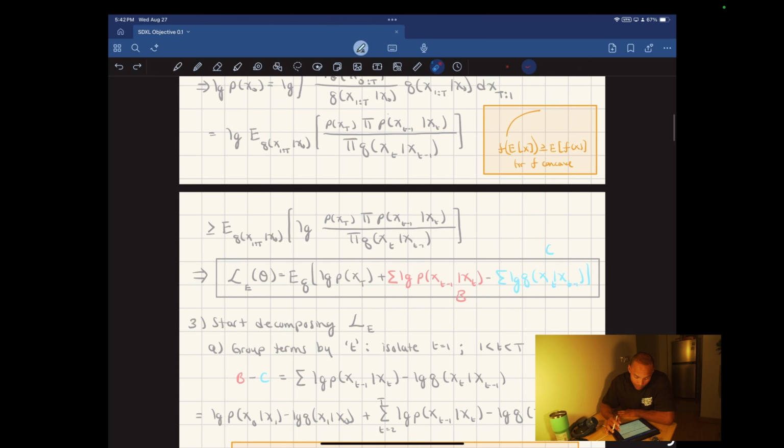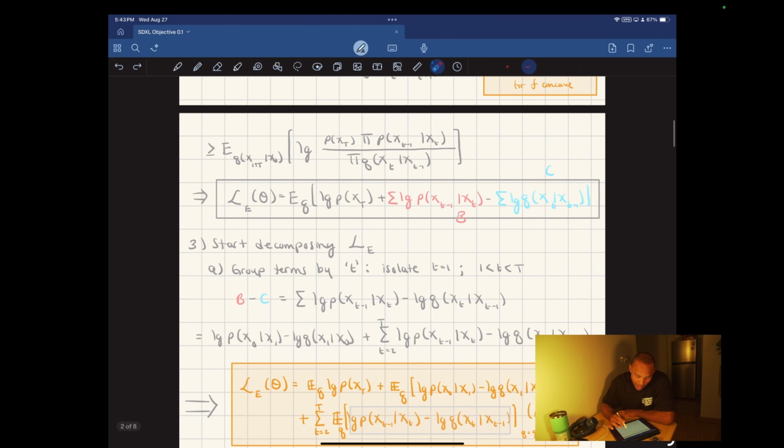So now Jensen's inequality says that f of an expectation of x is greater than or equal to the expectation of f of x for a concave f, right? So log is our f, so log of E is greater than or equal to E of log by Jensen's inequality, right? And then we use the properties of log.